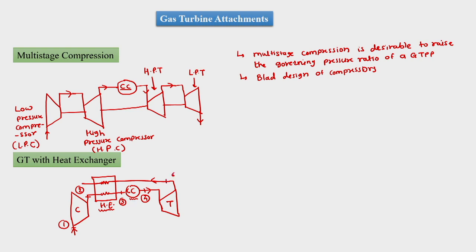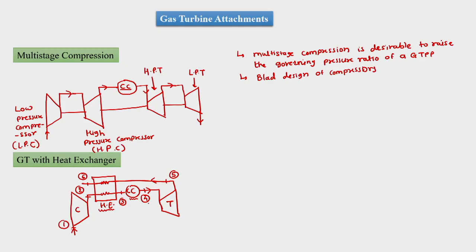Then it gets expanded in the process 4 to 5 in the turbine, and then the gas at state 5, which is at high temperature and low pressure, would heat the air which is coming to the combustion chamber at high pressure and low temperature. The gas would lose its enthalpy from station 5 to station 6. Such an arrangement is called an open cycle gas turbine power plant with heat exchanger.